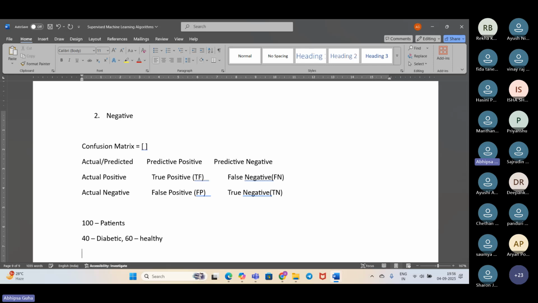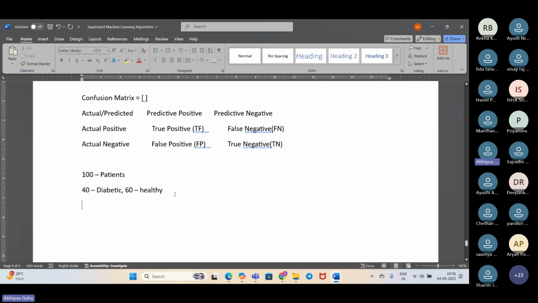This is the actual data. Now we will come to the model. Suppose the model predicted about 35 of the data correctly.